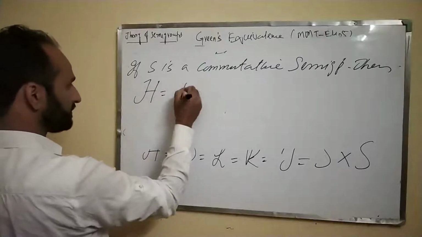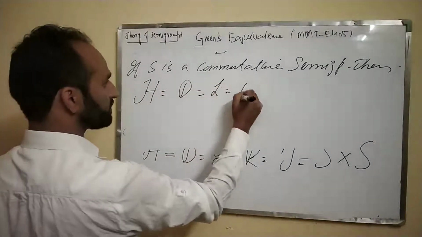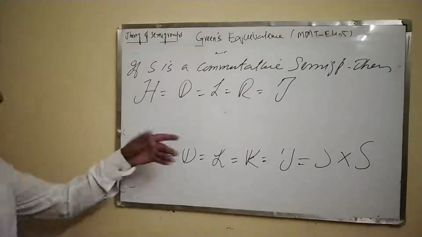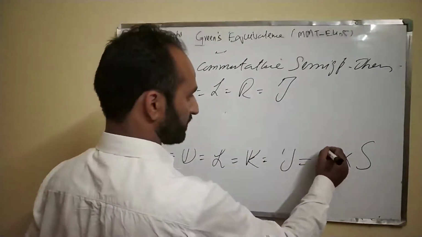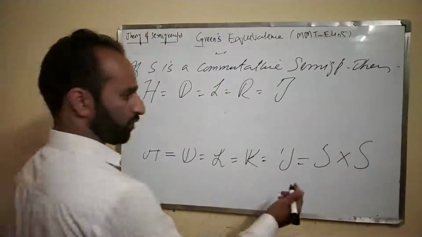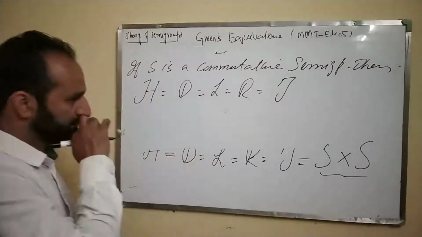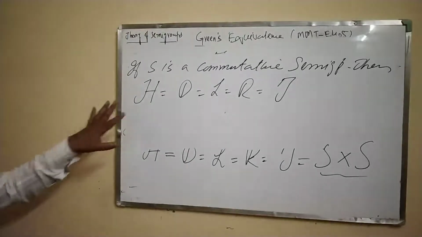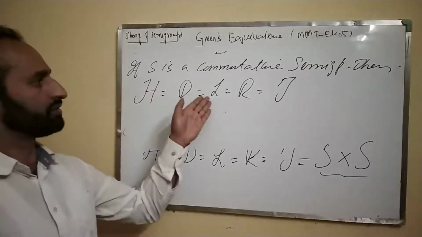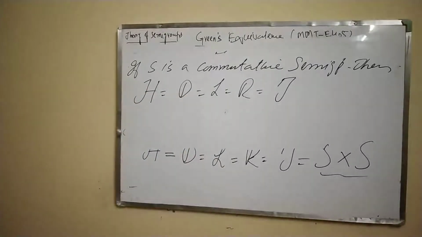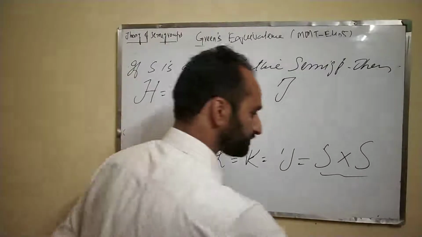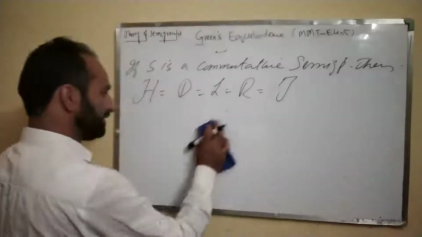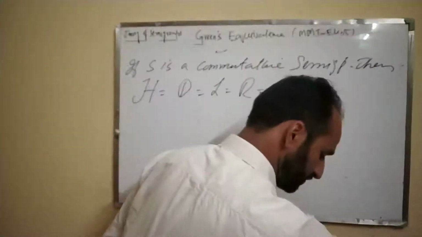H is equal to D is equal to L is equal to R is equal to J, and it's not equal to S cross S. So they are equal but not all equal to S cross S. Maybe some proper sub-relation of this universal relation. But they are equal. H is equal to D is equal to L is equal to R is equal to J if S is a commutative semigroup. So now that means these relations are actually important in non-commutative semigroups.